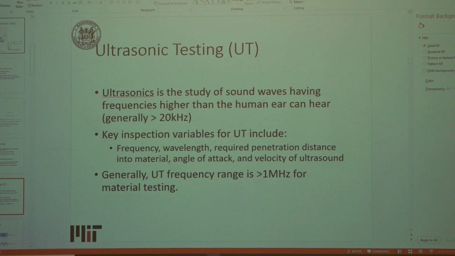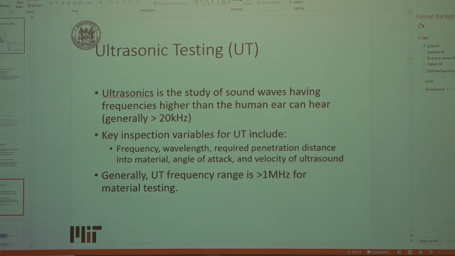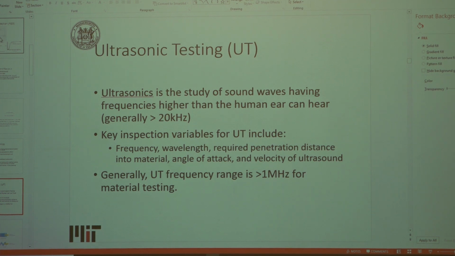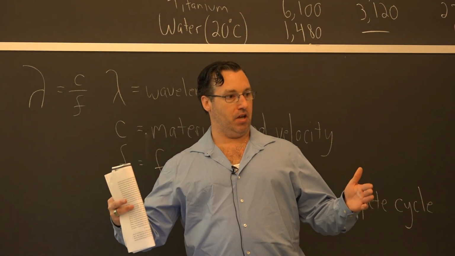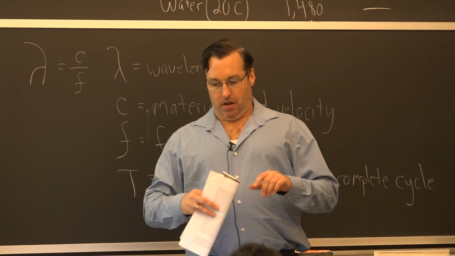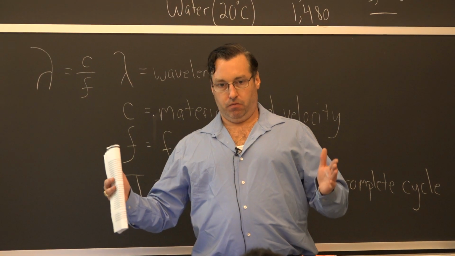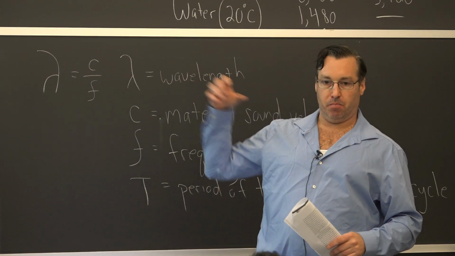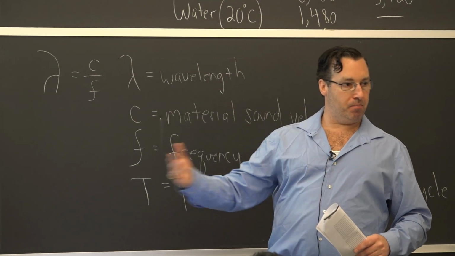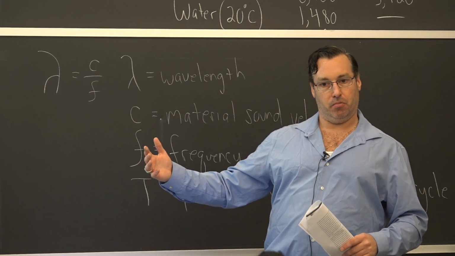When you're talking about metallic components, you want to have a higher frequency because the higher frequency will allow you to get more penetration into the sample. So depending on the longest dimension of the structural sample you want to test, if it's a very long sample thickness-wise, you're going to want to increase that frequency to begin with. Otherwise, you will not be able to penetrate through that whole sample.